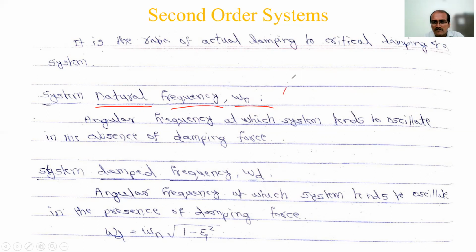So what is the natural frequency of the sinusoidal wave? Positive, negative, positive, negative. Here the zeta value is 0. I have not applied any damping, so this is the normal waveform. Now if I increase zeta from 0 to some value, if I apply the damping force, then this same waveform will decay.